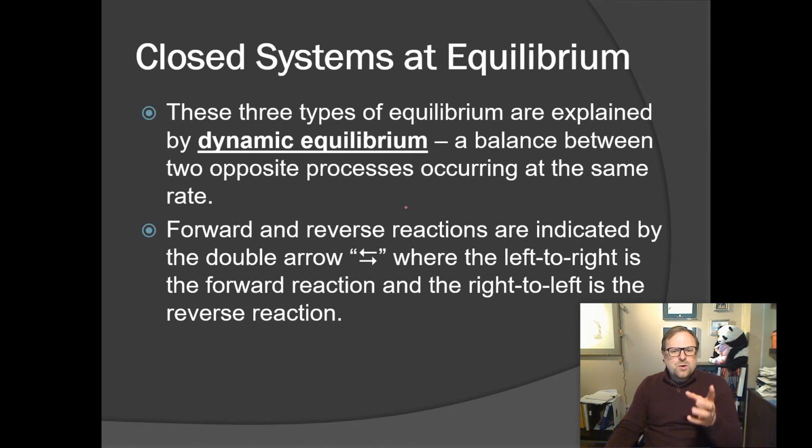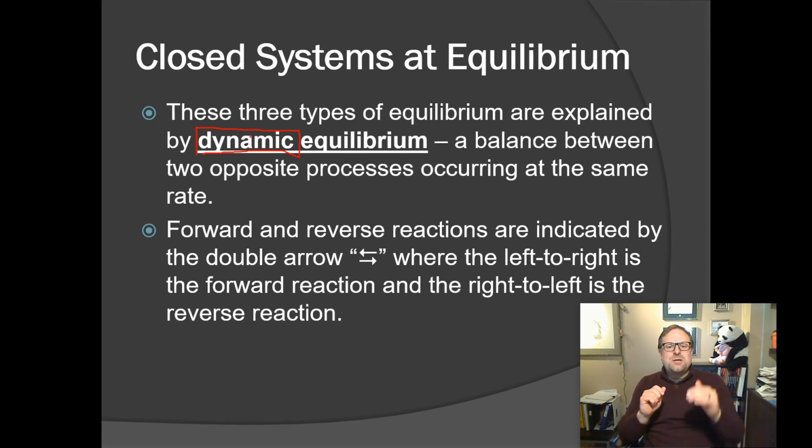So these three types of equilibrium are explained by what we call dynamic equilibrium, and the key word here is dynamic. So we know that equilibrium is that state of balance. Dynamic means that it's opposed by static. Static means there's no change; it just sits there and nothing changes. But I'm telling you right now, in these closed systems at equilibrium, there are changes.